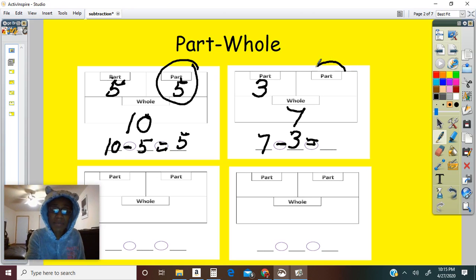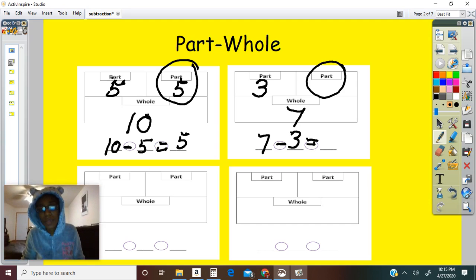what's going to be that missing part again? Let's see. If we start with the number 3, how can we get to 7? Our first part is going to be 3.